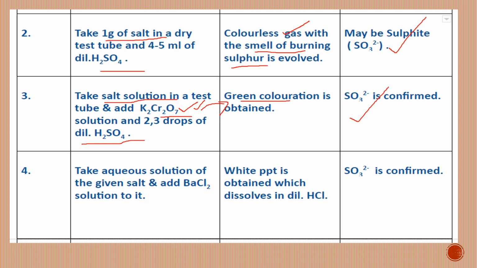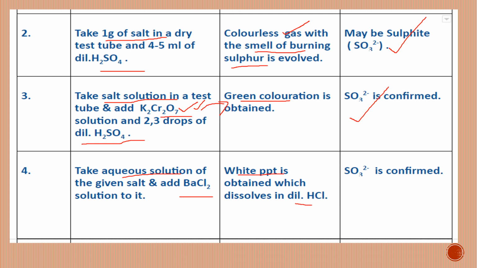Another confirmatory test: again take aqueous solution of the salt in a fresh test tube, and add barium chloride solution to it. It produces a white precipitate of BaSO3. And if I add a small quantity of dilute HCl to a very small quantity of the precipitate, this is how we carry out the solubility test. Whatever precipitation is observed, take a small portion of that precipitate in a separate test tube and add this acid.